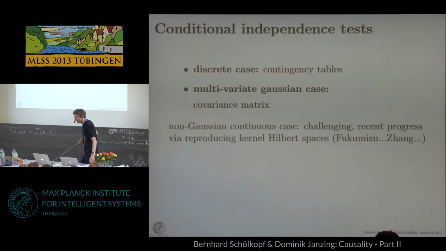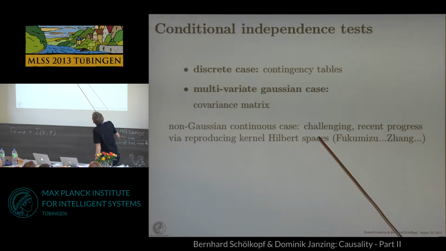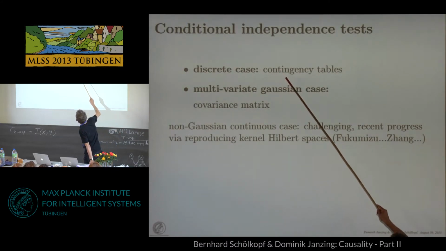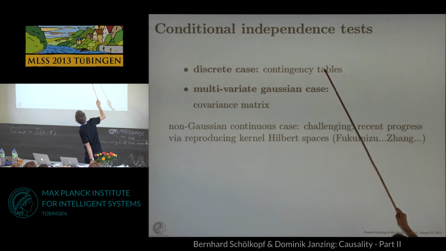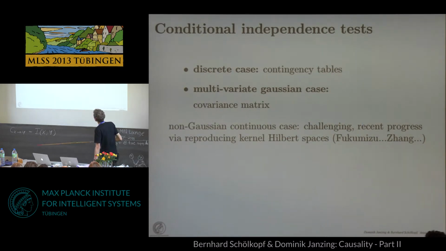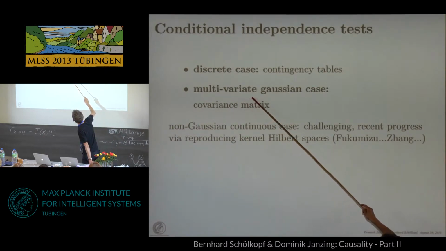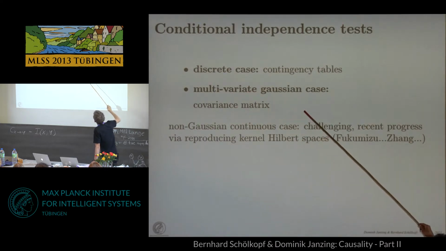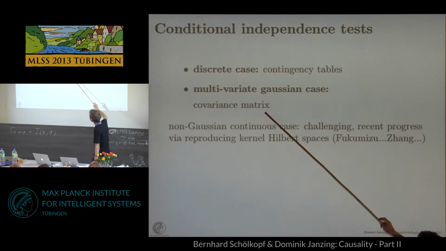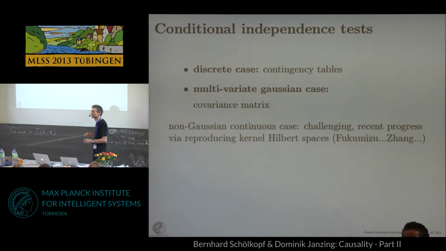But what they do in the algorithms that are online is, for the discrete case, they just use contingency tables. It's like classical statisticians. For the continuous case, they assume multivariate Gaussian variables. And then all conditional independences can be read from the covariance matrix. So this is, of course, a very strong assumption.